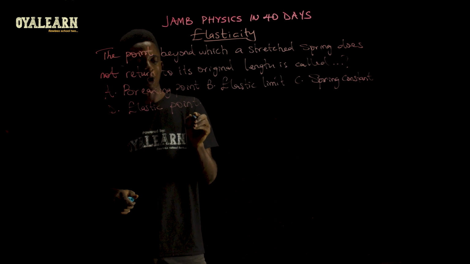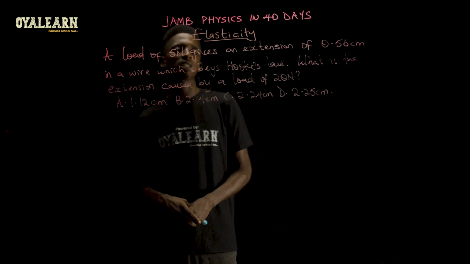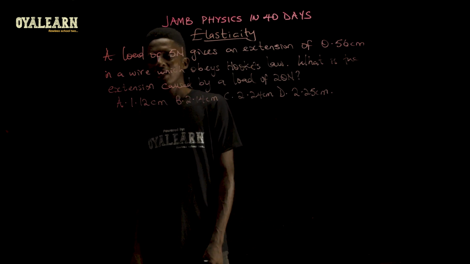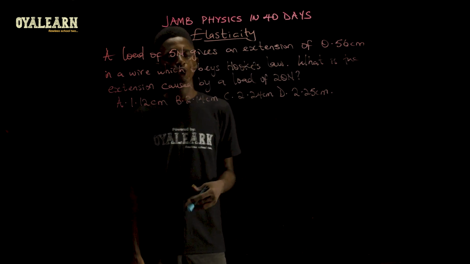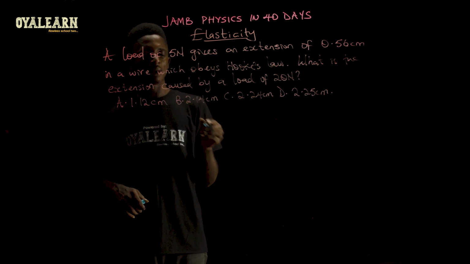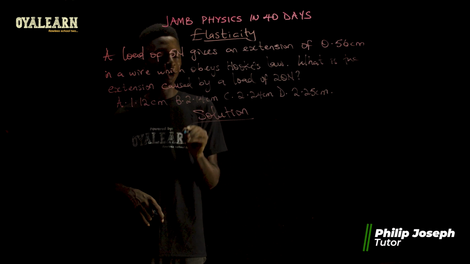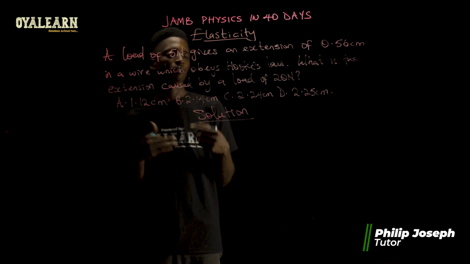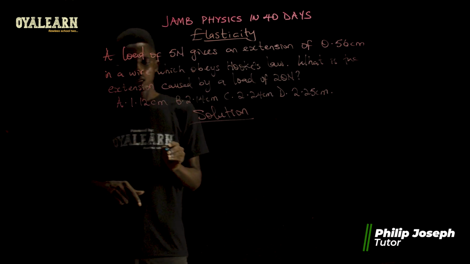So the correct answer for this question is elastic limit, option B. A load of 5 newtons gives an extension of 0.56 centimeter in a wire which obeys Hooke's law. What is the extension caused by a load of 20 newtons? In this question, we are maintaining the same wire, so the spring constant is going to remain the same for both applied forces.